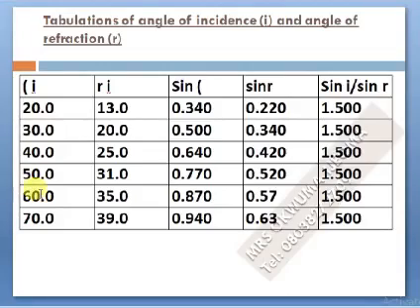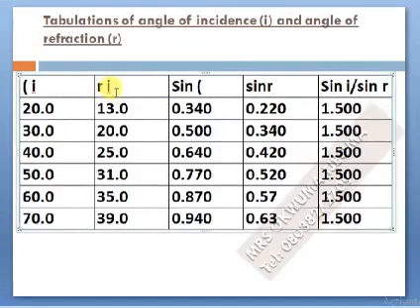So let's see this table. When we did it for angle of incidence I, 20 degrees, our angle of refraction, we got it to be how many? 30 degrees. We got our angle of refraction to be 30 degrees. Then we now use our calculator and do our sin I. Now sin 20 degrees will give you what? 0.340.